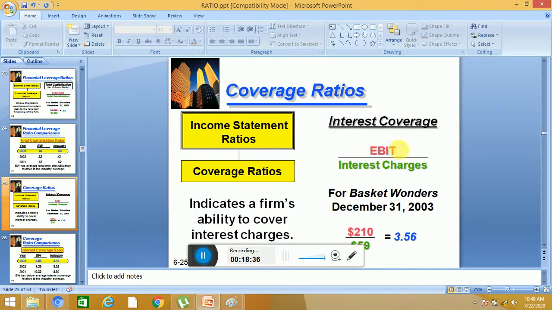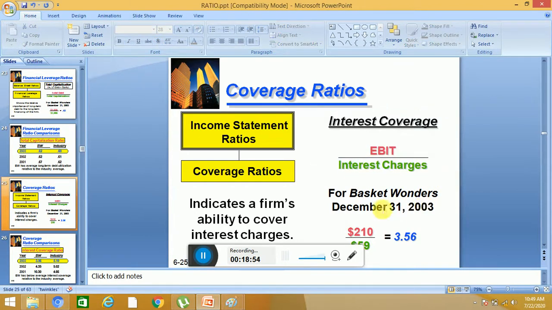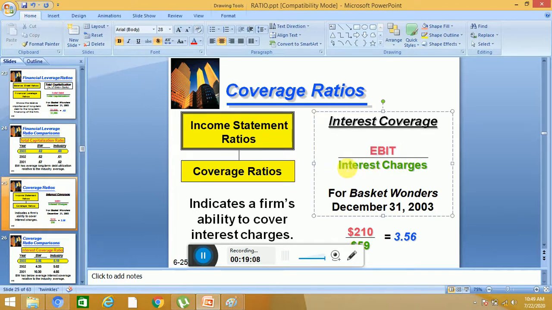So the formula is EBIT divided by interest charges. EBIT means earnings before interest and taxes, and interest charges are the total amount of interest payment that the company is making. So for Basket Wonders, December 31, 2003, our EBIT is 210. EBIT is an income statement item, and interest charges are also an income statement item.